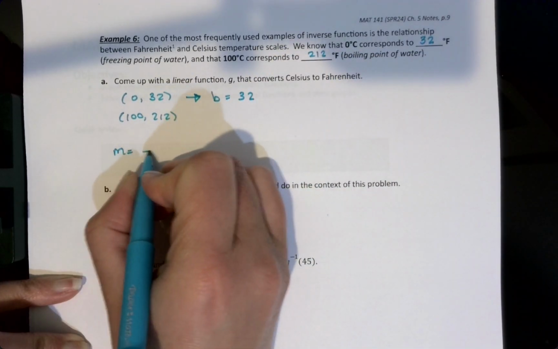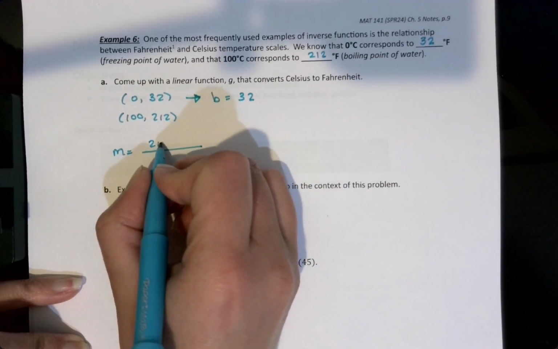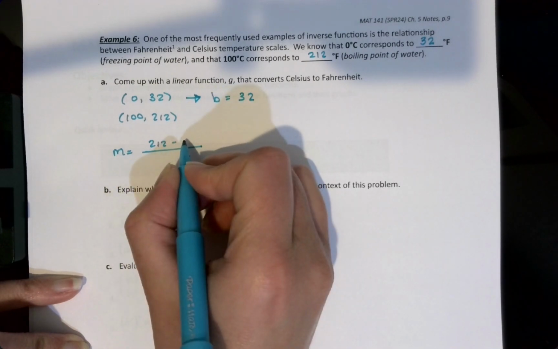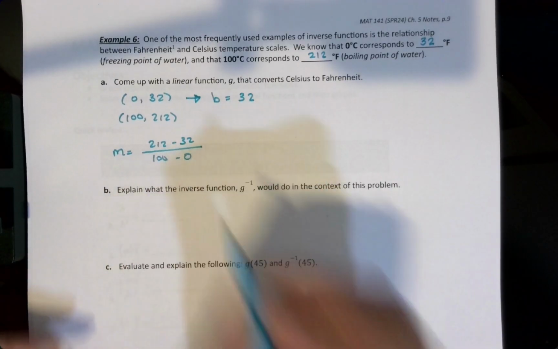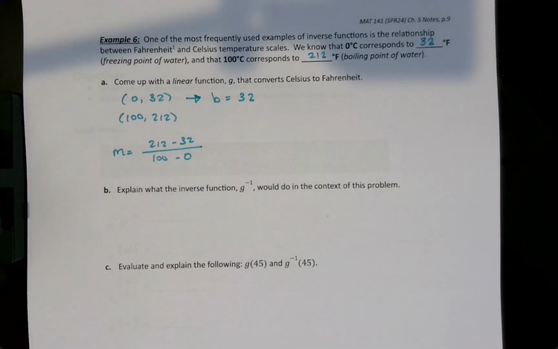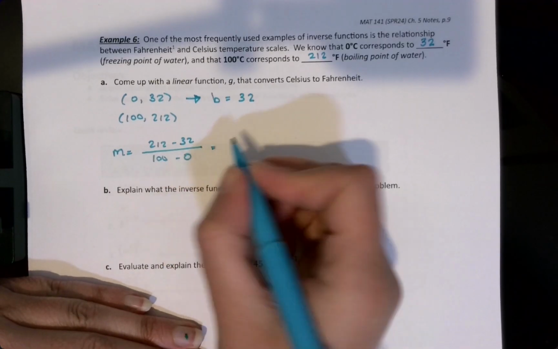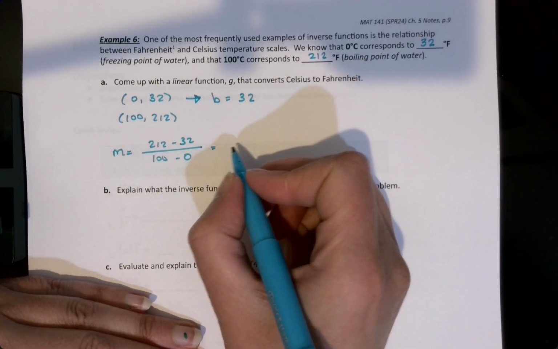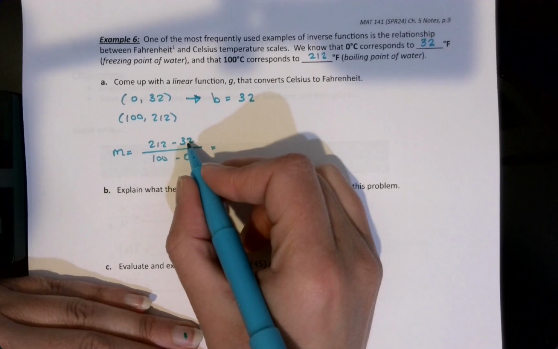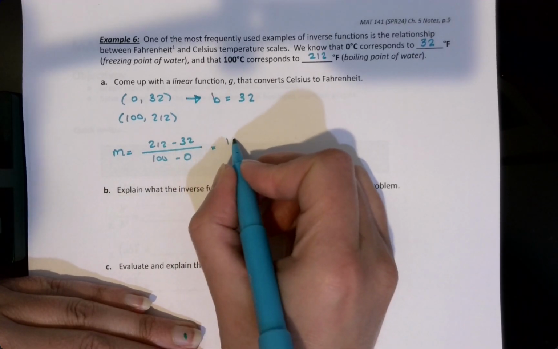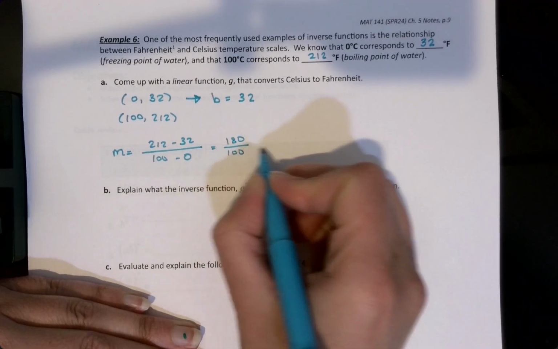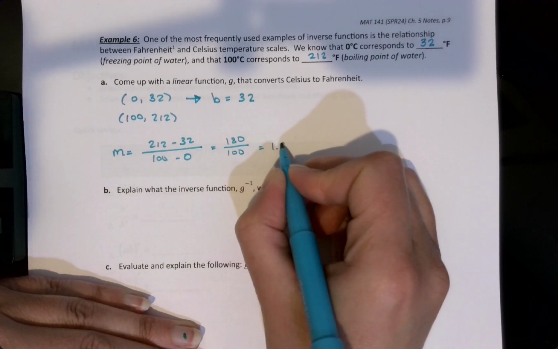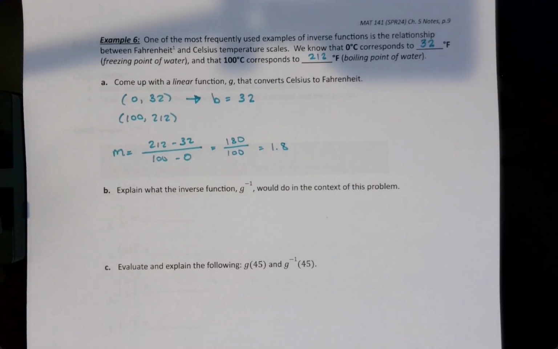And I can compute the slope, y2 minus y1 over x2 minus x1, so 212 minus 32 over 100 minus 0. 212 minus 32 is 180 over 100. It's going to give me 1.8, or you could write that as the fraction 9/5.